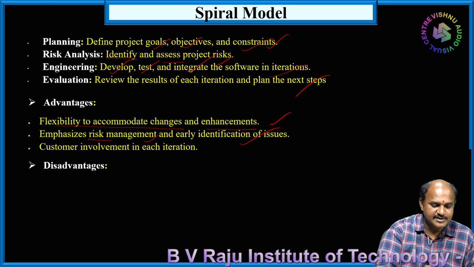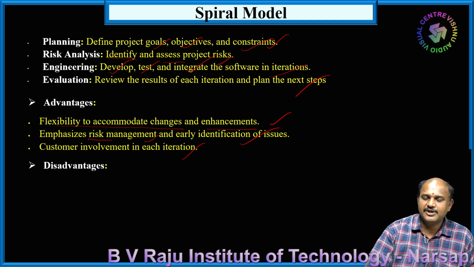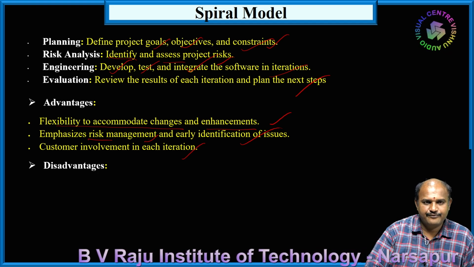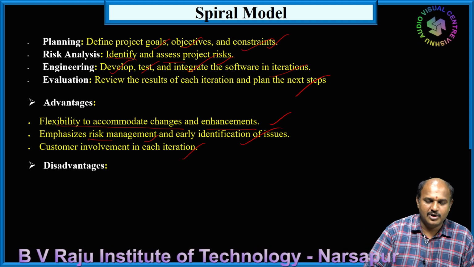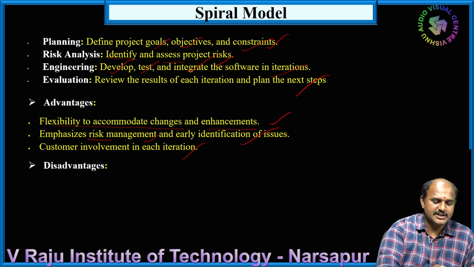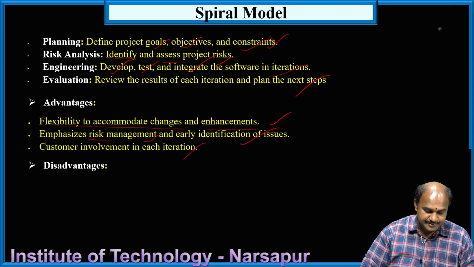So that is an advantage. And customer involved in each iteration. The customer is a major part of our product. He is a stakeholder of our product. So customer involvement in each iteration, that is an advantage.